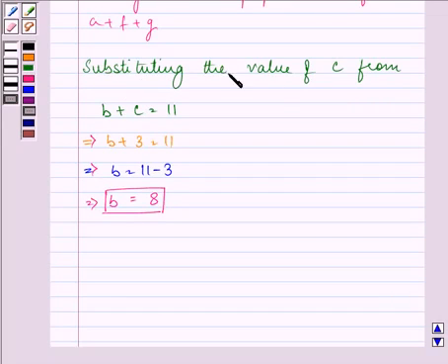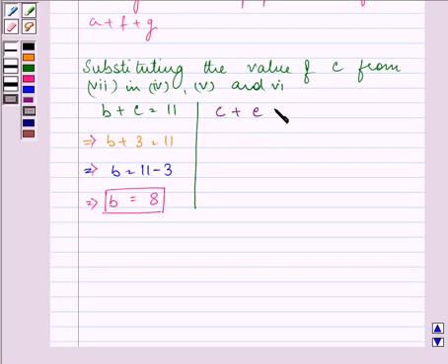So we have substituted the value of C from 7 in 4, 5 and 6. So we have the value of B. Similarly, C plus E is equal to 8.